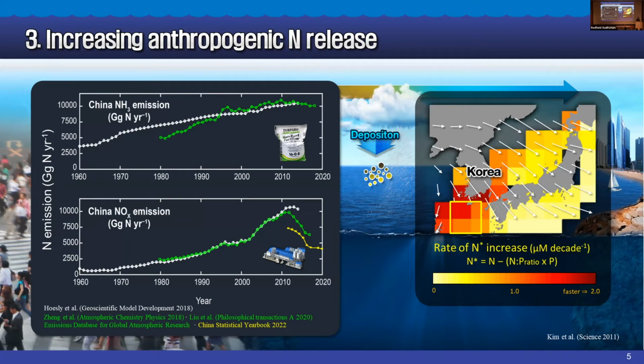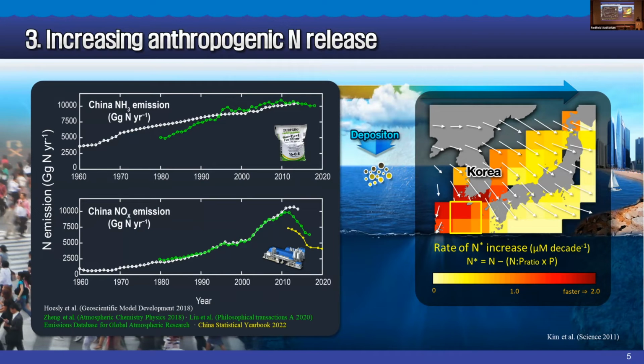And the lower panel shows Chinese NOx emissions associated with fossil fuel use. The NOx emission has increased tenfold, reached the maximum at around 2010, and then began to decrease over the past 10 years.